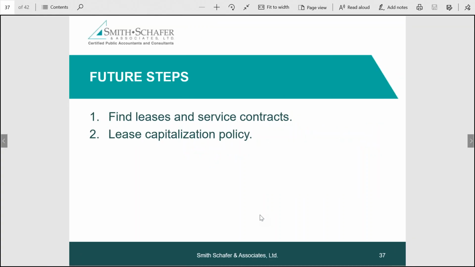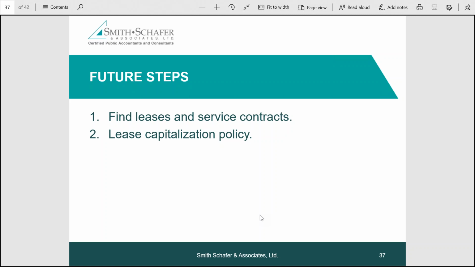Future steps for this standard: find your leases, find your service contracts, make sure they're readily available, start looking at them to make sure you understand them. Once you have accumulated all of them, you can consider a lease capitalization policy, which would be very similar to a fixed asset capitalization policy, and be applicable if you have a lot of copier contracts, a lot of postage machines.